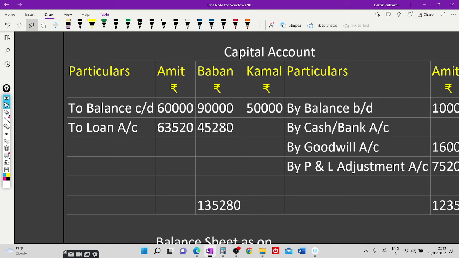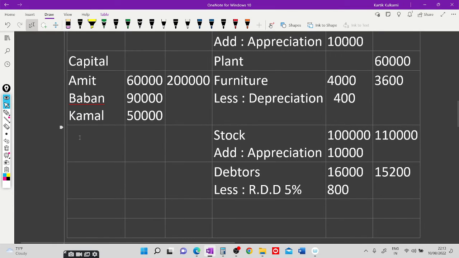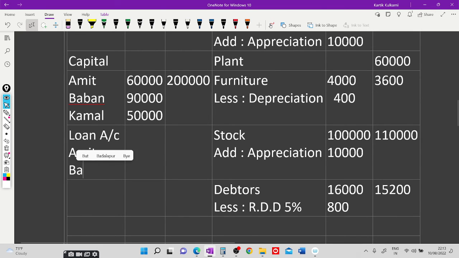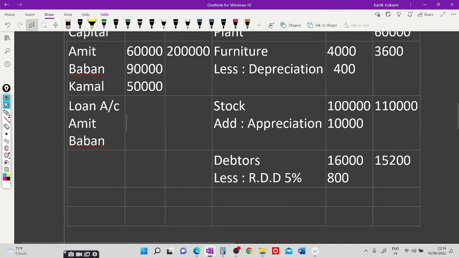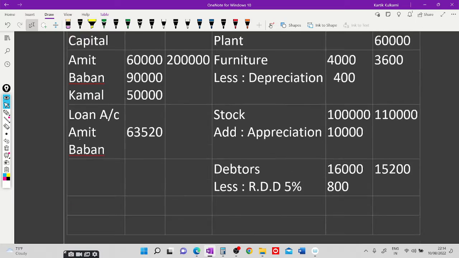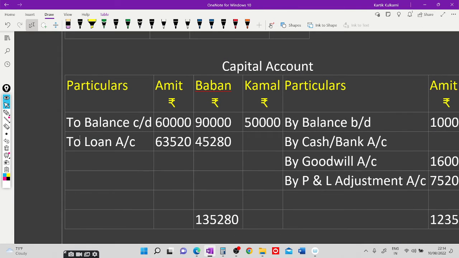So here this loan becomes a liability and will appear on the liability side. You will write loan account, below that Amit and Baban. So let's write Amit's amount, it is 63,520, and Baban's amount comes out to 45,280.